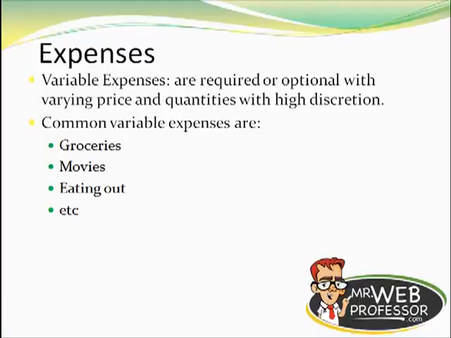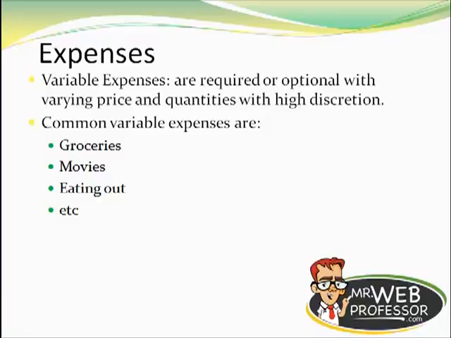Now let's talk about just plain variable expenses. These are required or they may be optional. And they vary in price and quantity with high personal discretion. So what are some common items that would be considered variable expenses? Well, things like groceries, movies, eating out. These are not necessarily required for daily living. Or if they are, you have high discretion in what you choose.